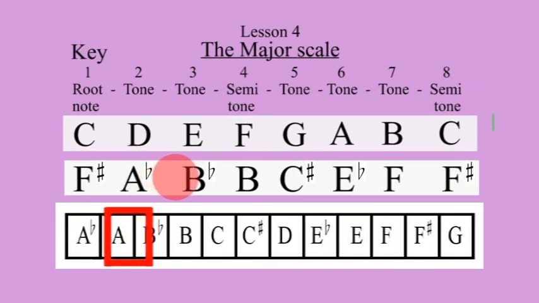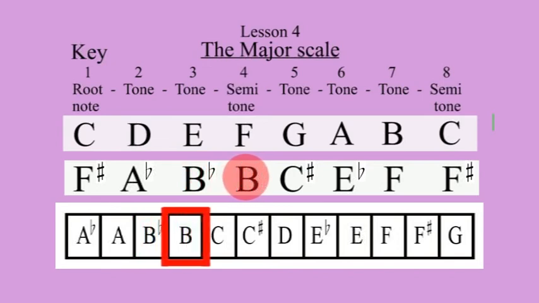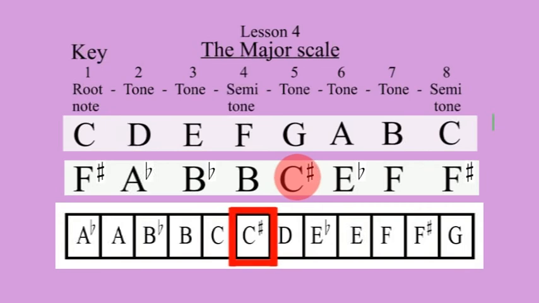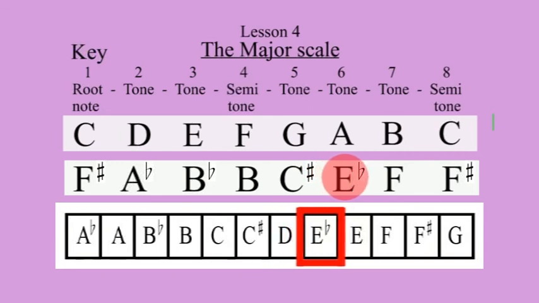A tone up from A flat is B flat. A semitone up from B flat is B. A tone up from B is C sharp. A tone up from C sharp is E flat.